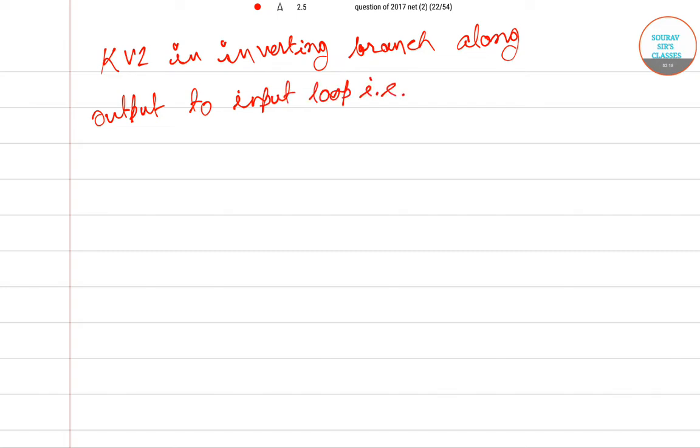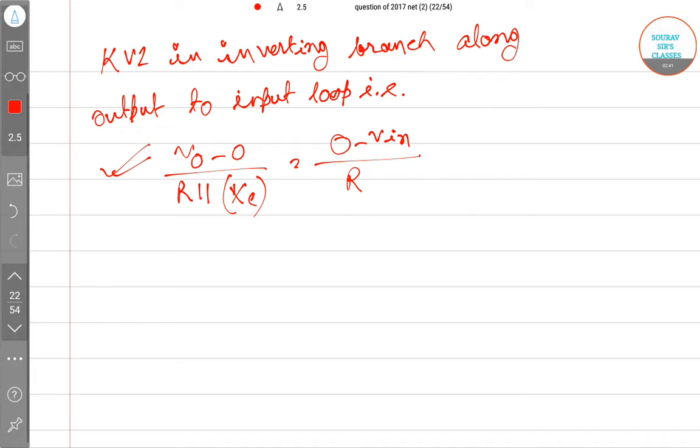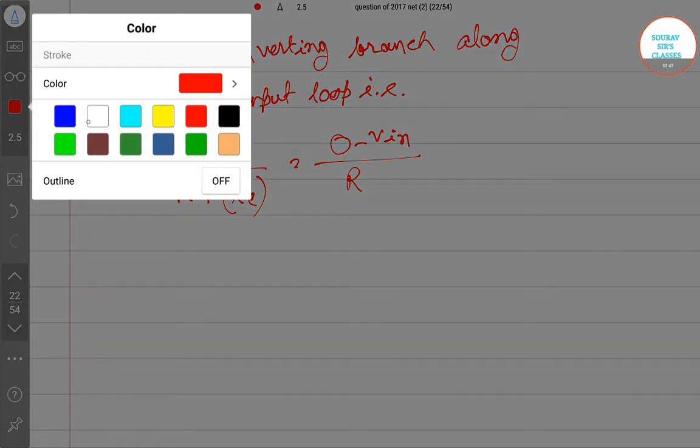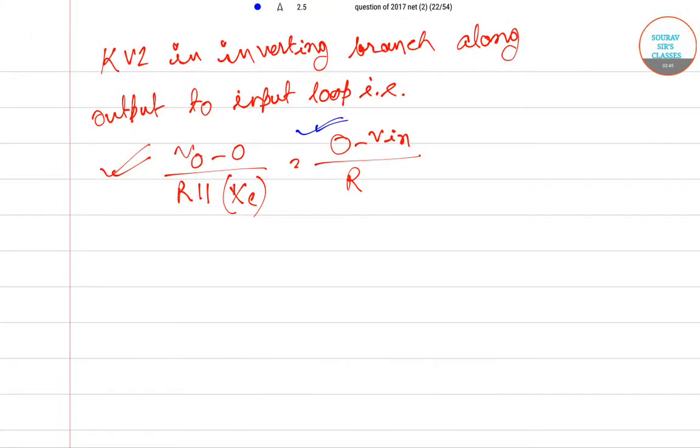That is, V0 minus 0 divided by R parallel XC, which is R parallel 1 by j omega C, is equal to 0 minus V input divided by R. This is for the output and this is for the input.